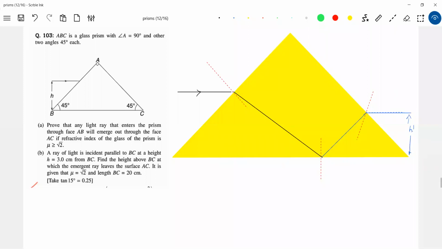I think this is the condition for no emergence. Definitely, what is the value of mu I should take here? The mu is greater than or equal to √2. So when the ray comes here, it will undergo TIR and enter here. Condition for no emergence through the face AC: if rectangular glass of the prism, mu is greater than √2.